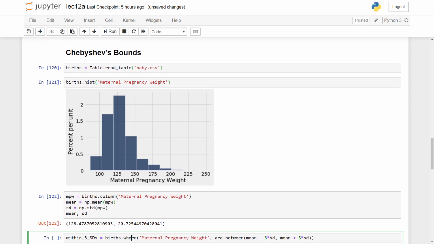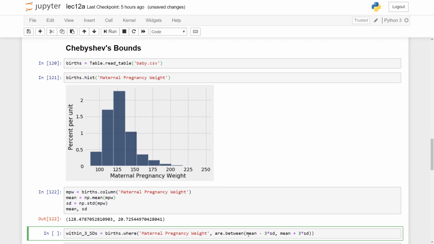Now let's see the proportion of the mothers' weights within 3 standard deviations from the average. How can we do that? We will focus on the rows where the weights are between the mean minus 3 standard deviations and the mean plus 3 standard deviations.